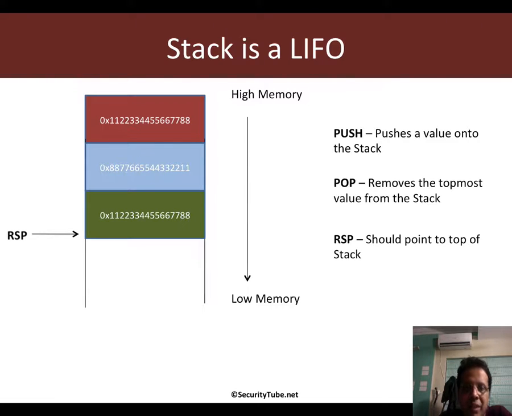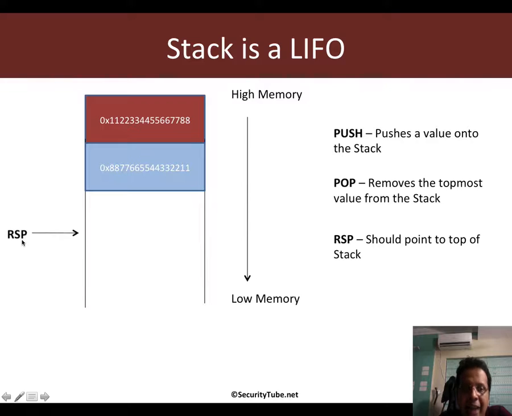Similarly, when we hit the pop instruction, the 8 bytes at the top of the stack pointed to by RSP are removed, and RSP is automatically incremented by 8 bytes so that it points higher up in memory.